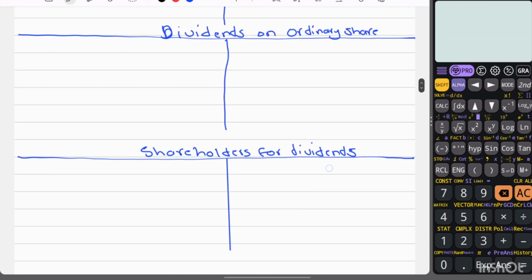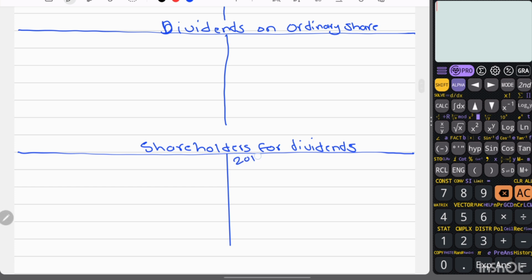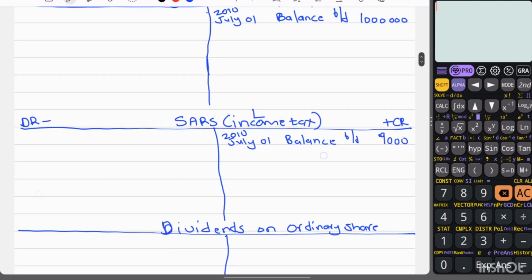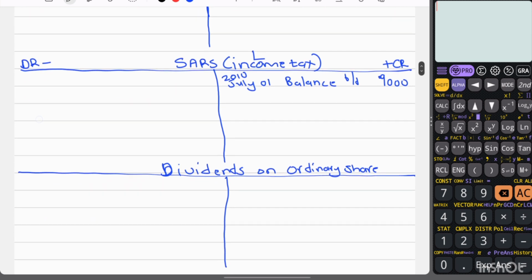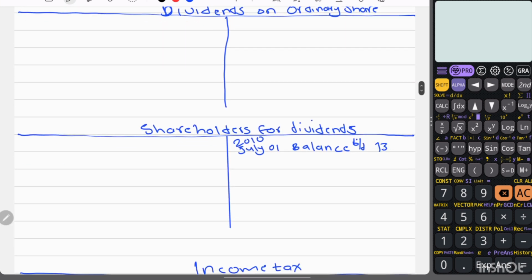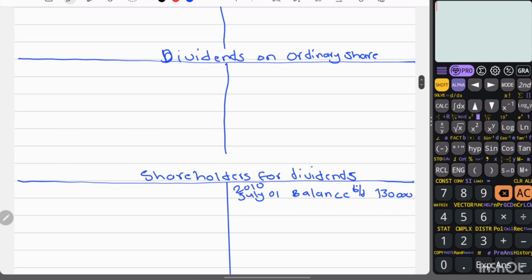We have our shareholders for dividends here, 2010, July 01. We have a balance brought down. We are owing our shareholders. How much are we owing at the beginning of the year? We are owing 130,000. Always start by recording your balances.